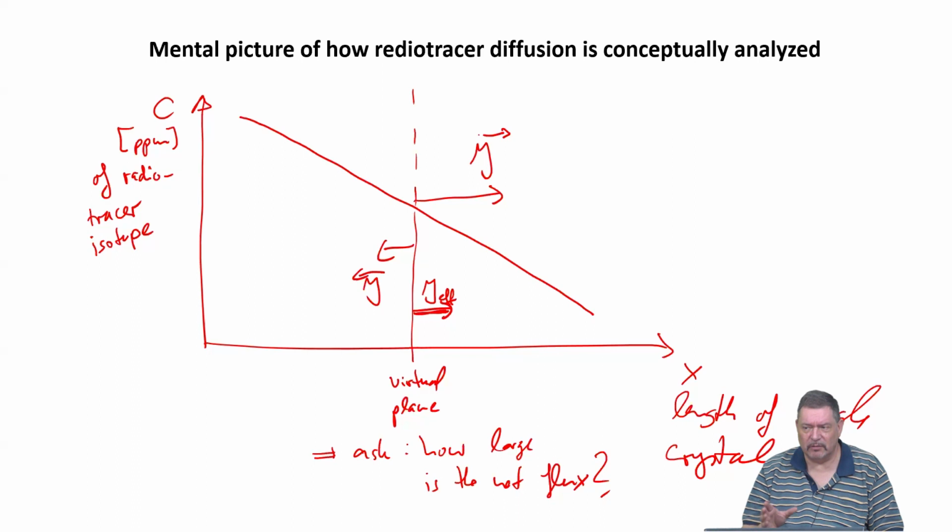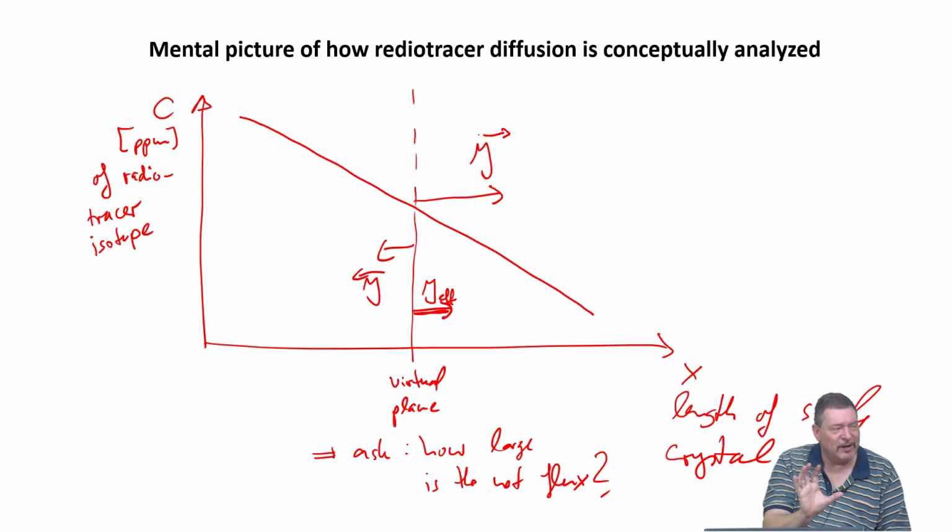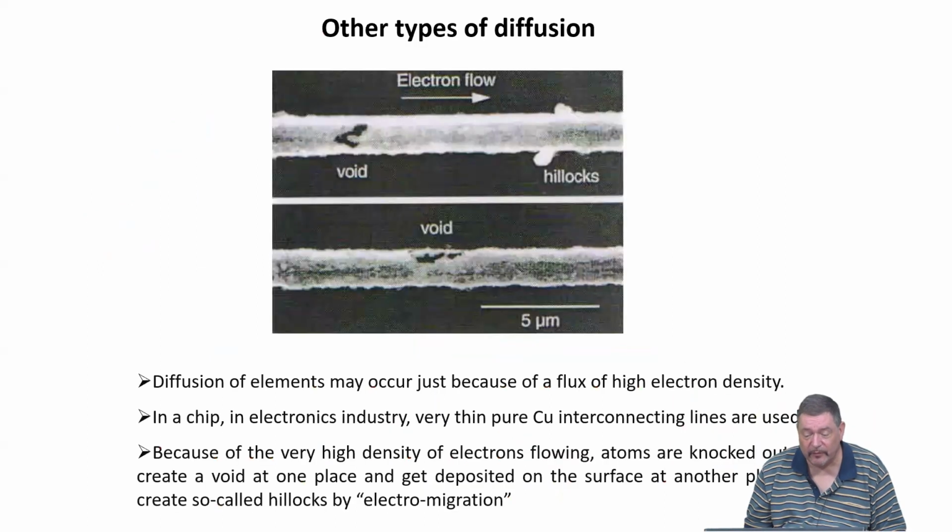So we really use this kind of simplistic approach, but we have to keep in mind that it's on the brink of usability because of the fact that we have this very small difference of these marked atoms with the base atoms of the crystal.